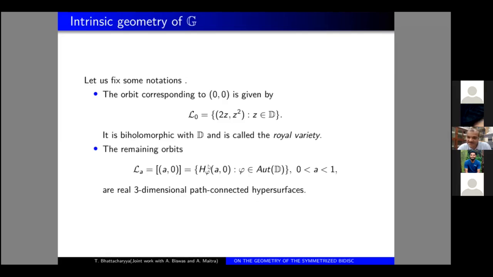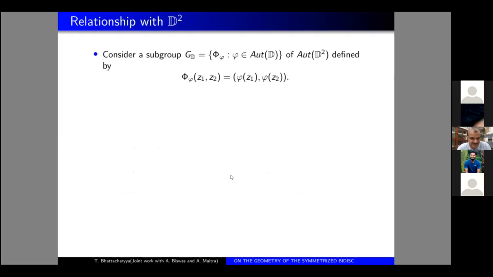LA is just H phi, a typical automorphism element of G, applied to the point (A, 0) of the symmetrized bidisc. So we have these collections LA, 0 less than or equal to A less than 1, and we have the interval [0, 1). That's all, and that constitutes the symmetrized bidisc. Okay, it's good to keep in touch with the bidisc.